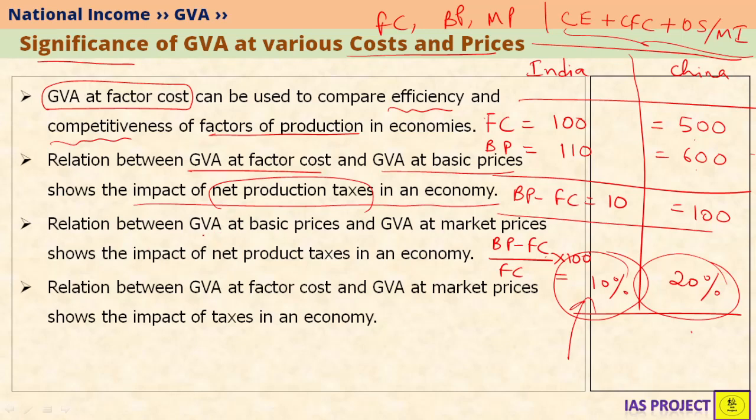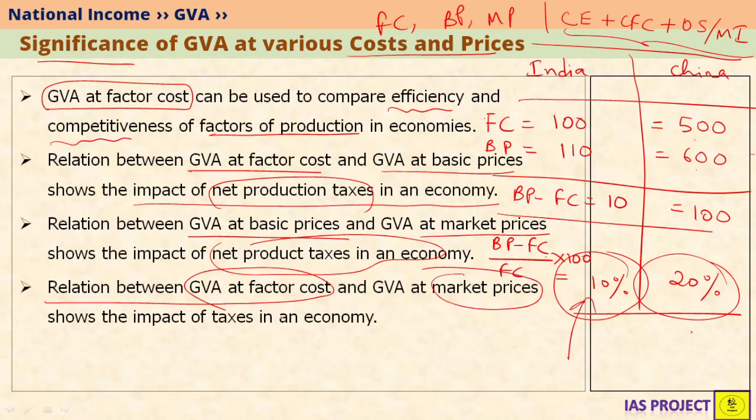Similarly, the relation between GVA at basic prices and GVA at market prices shows the impact of net product taxes in the economy, because we know that the difference between market prices and basic prices is nothing but net product taxes. Similarly, the final relation between GVA at factor cost and GVA at market prices will give us the impact of all the taxes in the economy, that is product and production.